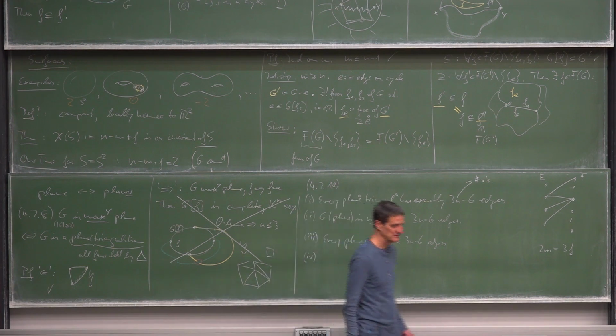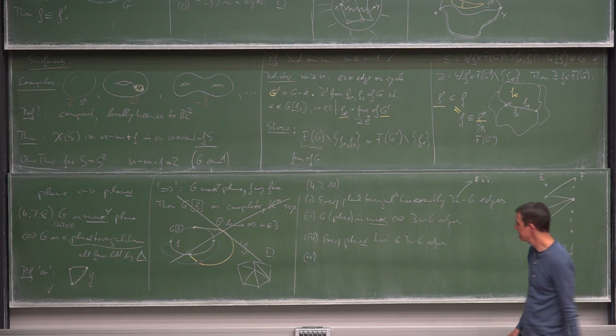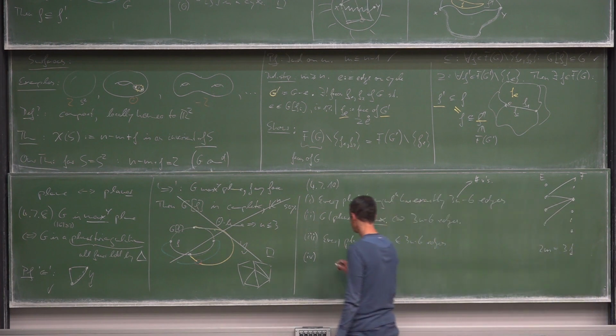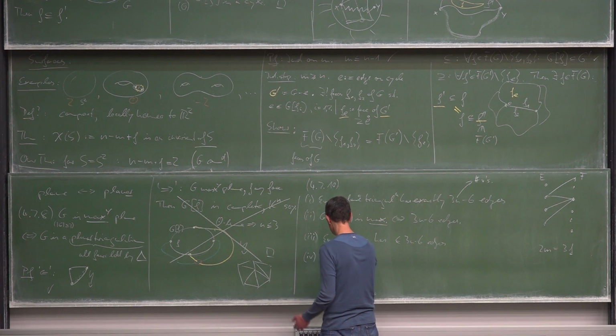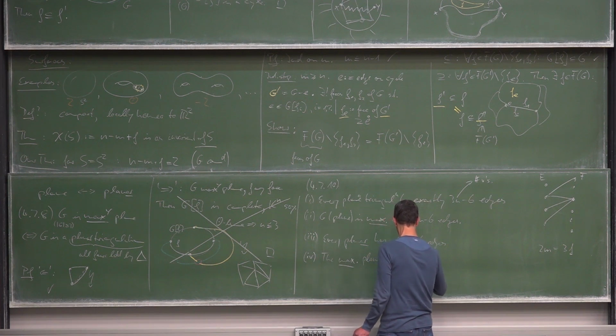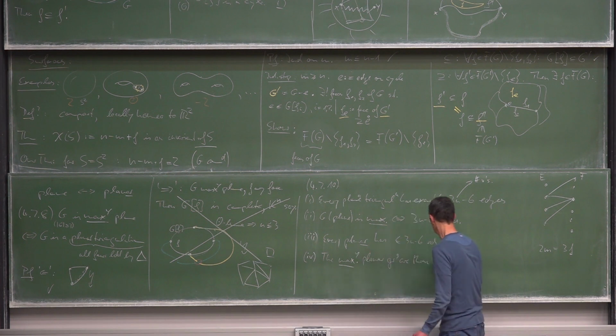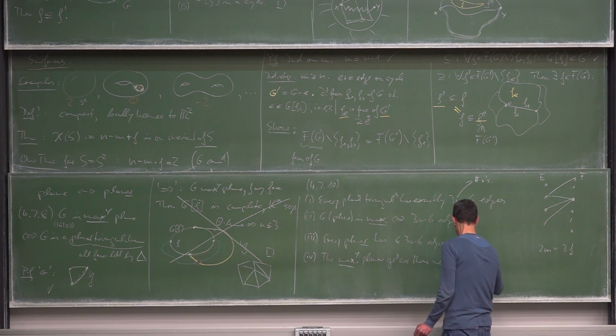And now the interesting bit is that the maximal planar graphs, or those graphs that are maximally plane, are those with 3n minus 6 edges.